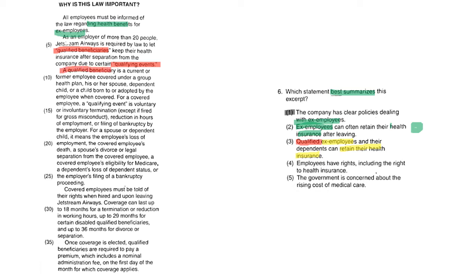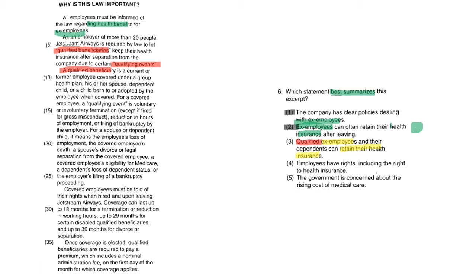So it doesn't say everybody who left the company can keep their health insurance. It says those who are qualified, those who meet certain criteria, can keep their health insurance. So number 2 is better than number 3 because number 3 just says ex-employees, all of them. But the passage says some ex-employees.